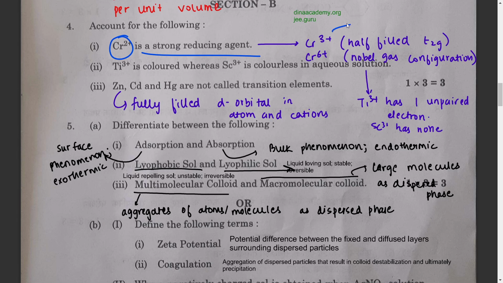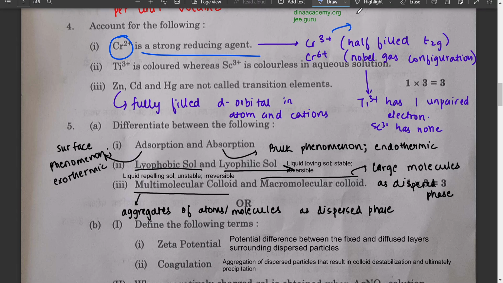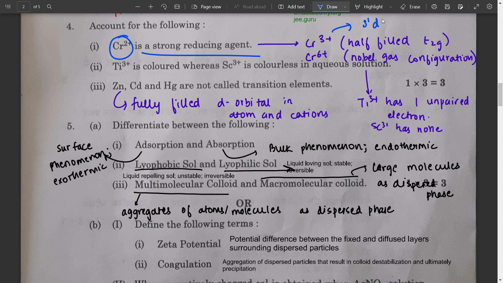Now, chromium itself has the electronic configuration of 4s1 3d5, right? So Cr2+ has a configuration of d4, and Cr3+ now has an electronic configuration of, as you might have guessed, d3. Cr6+ is d0, s0. So this is a noble gas configuration, that is stable.